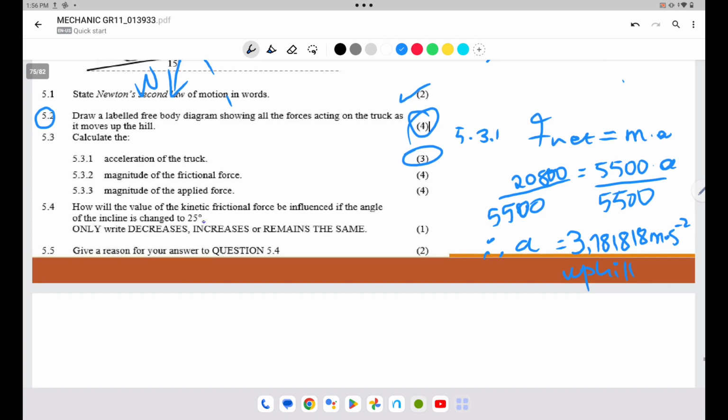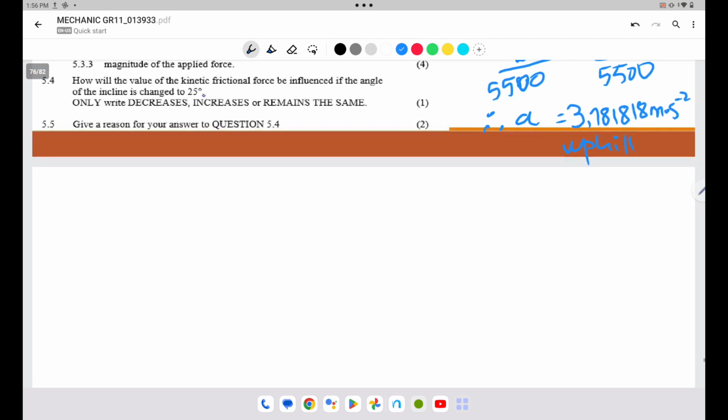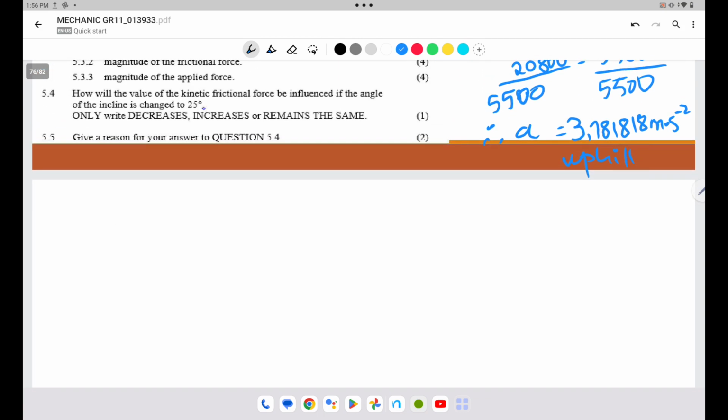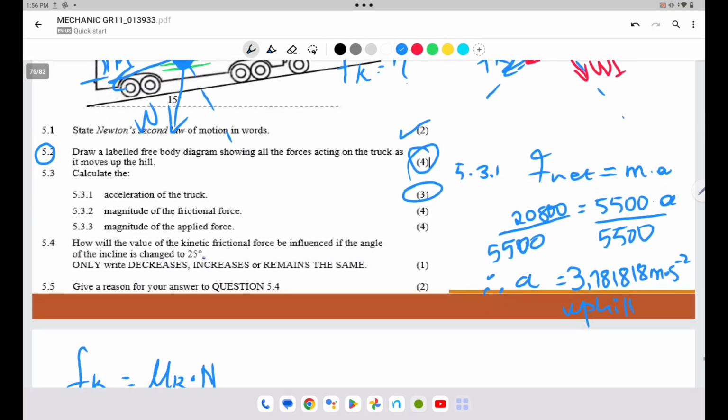And then the second question says, calculate the magnitude of the frictional force. Let us see. Which equation can we use to calculate kinetic frictional force? Because we have mu k, we can use Fk equals mu k multiplied by the normal. Do we have the normal? No, we don't, but we can calculate it.